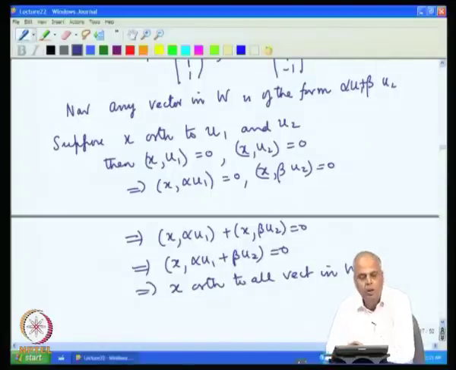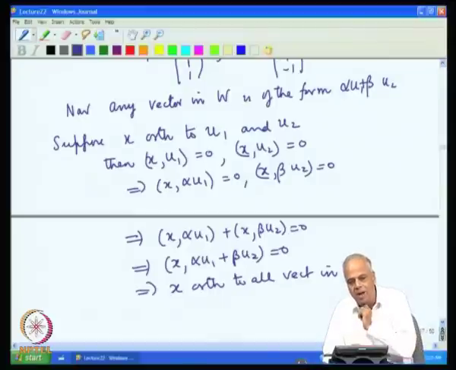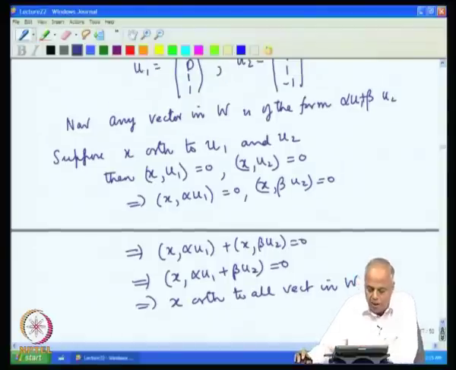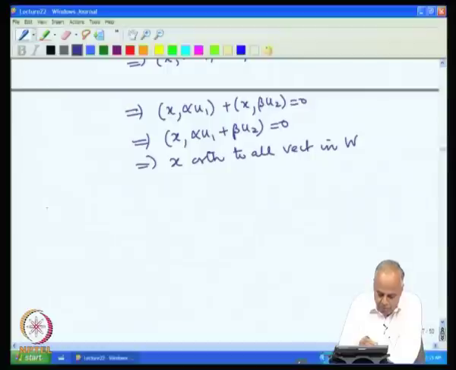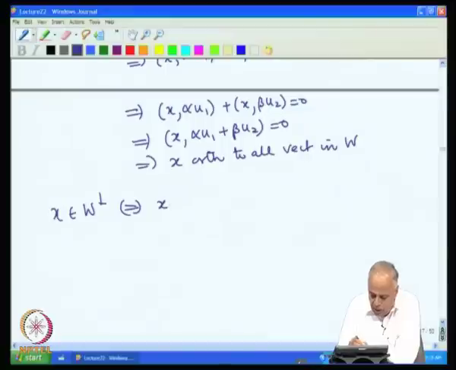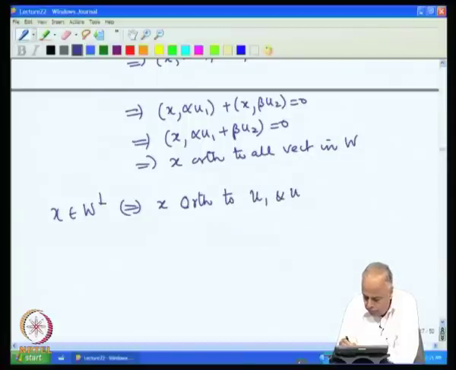And therefore, to check whether a vector is orthogonal to all the vectors in W, it is enough to check whether it is orthogonal to the basis vectors. So, x belongs to W perp if and only if x is orthogonal to u1 and u2.